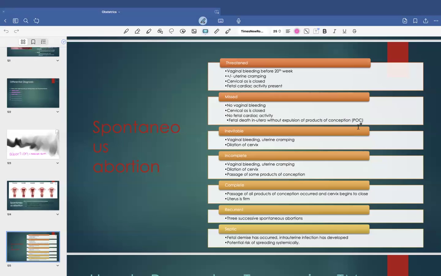Inevitable, it's open now, but everything's in there. Incomplete, it's open, but some of the products of conception are starting to come out. For complete, everything came out, and now the cervix is starting to close back up. So close, close, open, open, closing. Everything is out in the complete. It is complete. Everything is over. It is done. The uterus is firm. Some patients may have slight bleeding and cramping still for a couple of weeks.